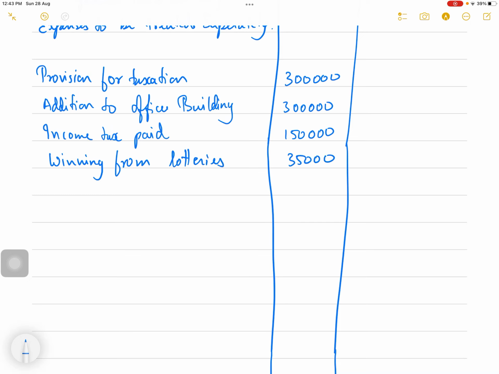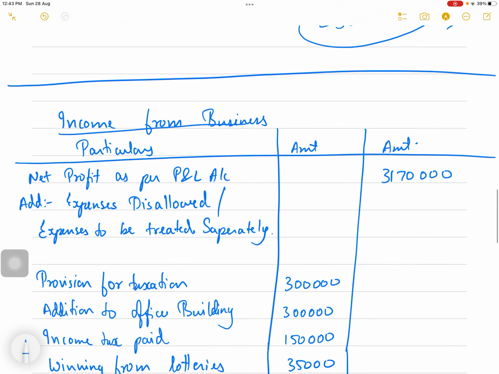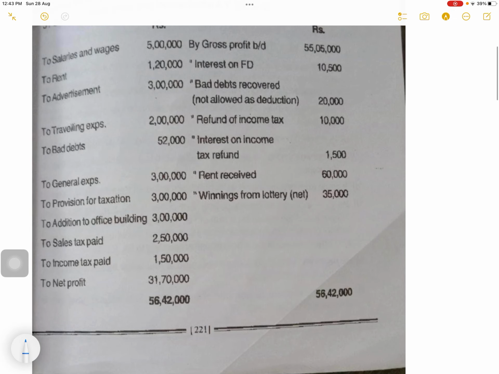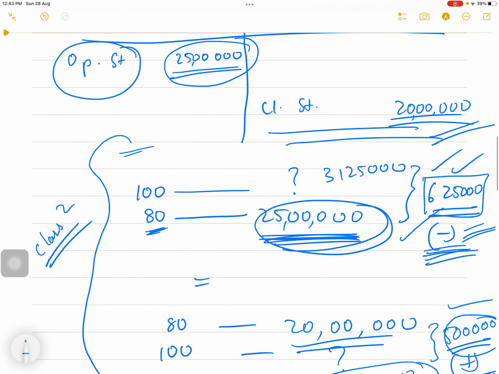35,000 is shown in the P&L account. 35,000 you have to remove. Okay, now let's see. Rent received is 60,000.